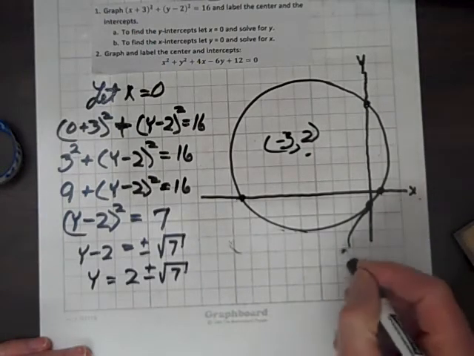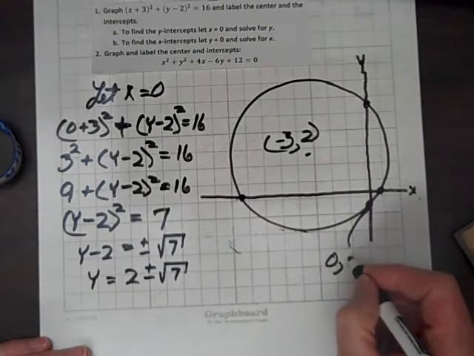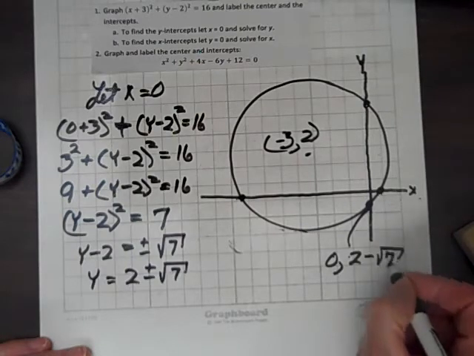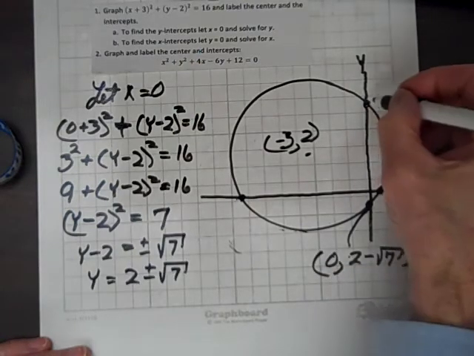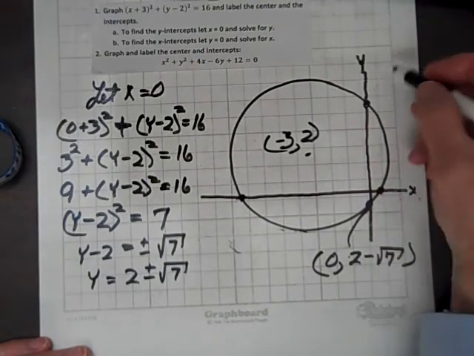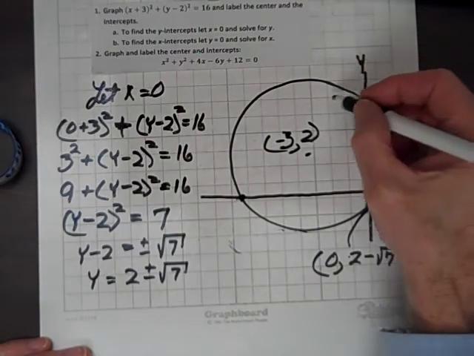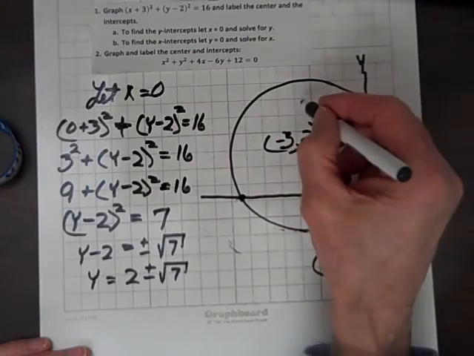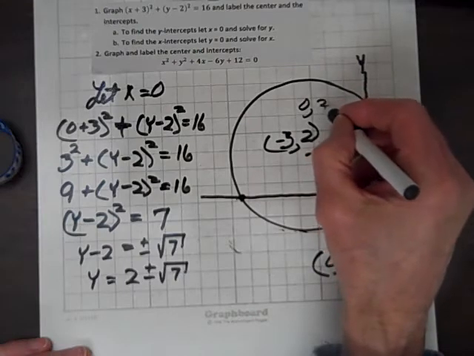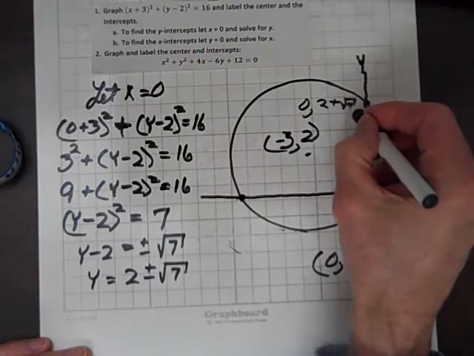So this y-intercept has the form x-coordinate of 0, y-coordinate of 2 − √7. And this y-intercept has the form x-coordinate of 0 and the y-coordinate of 2 + √7.